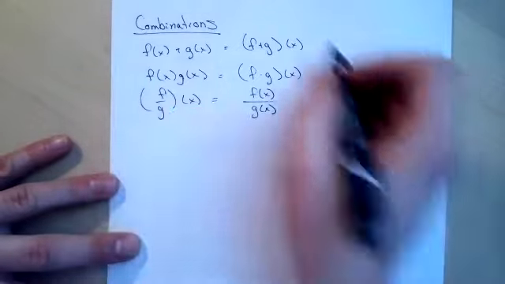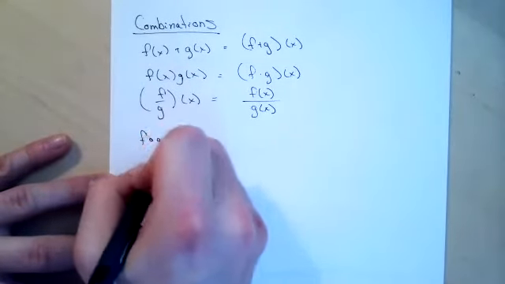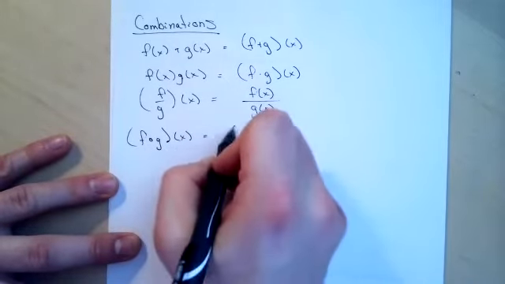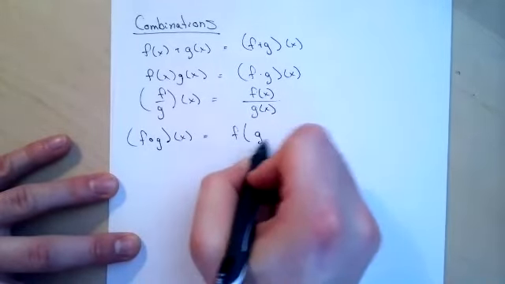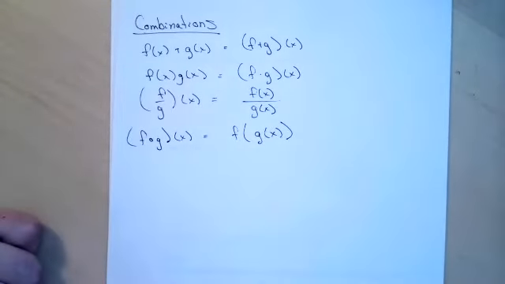And then on functions, we have an extra operation, and that is composition. f composed with g of x means apply all of the operations of g to the input, take that output, and then apply the operations of f.